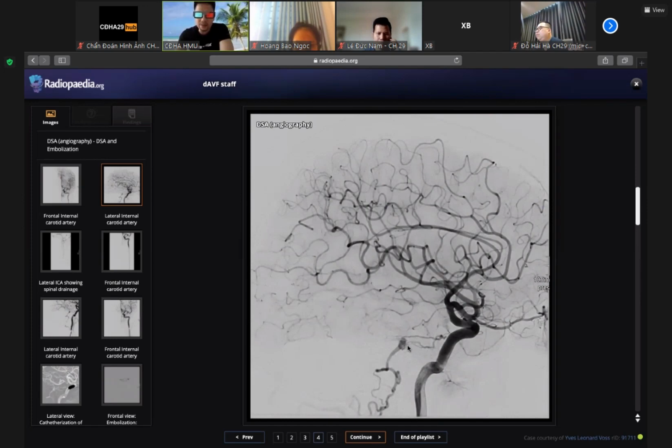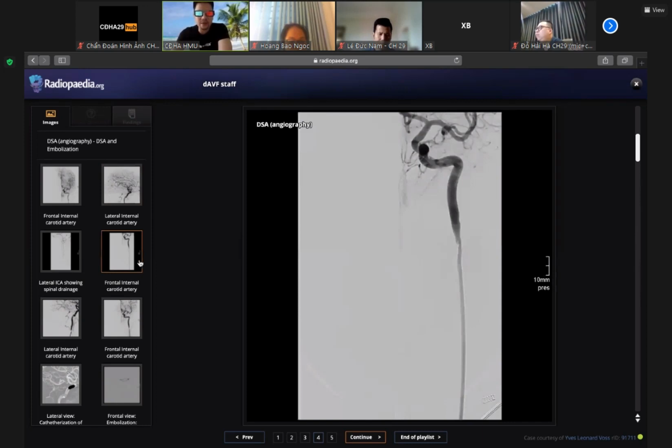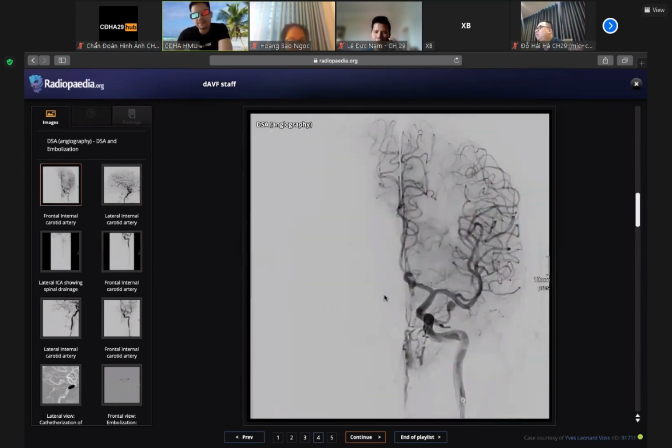I think that is a branch from the ICA, and the fistula is here, and we see the draining vein is here, which is highly suggestive of a dAVF.